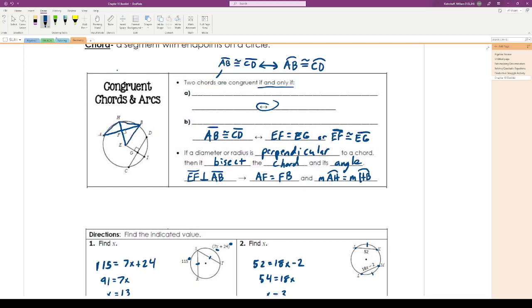So we know about kites, and we know that this diagonal is always bisecting the other one. So that's another way to think of AF equals FB, is by connecting the dots and making a kite shape here. Then we know that that's going to be equal.